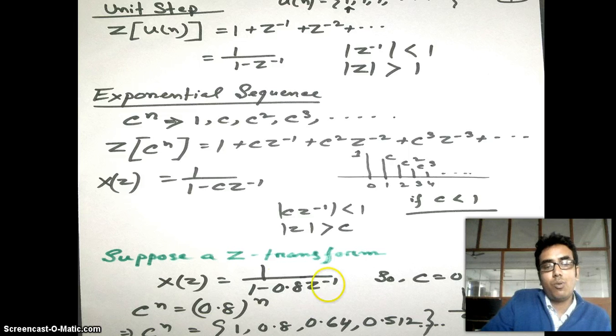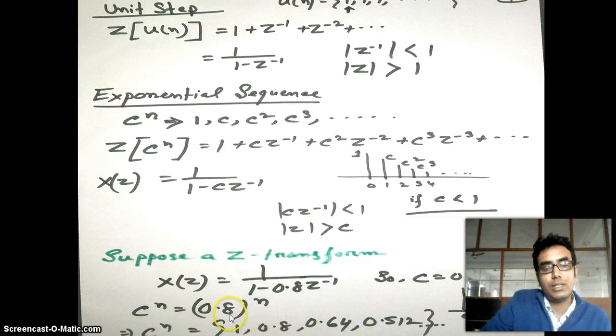That means find the signal in the discrete time domain from the frequency domain or complex frequency domain. So if you compare this z transform with the previous one, the general form of the z transform of an exponential sequence, then you will find the value of c is 0.8.